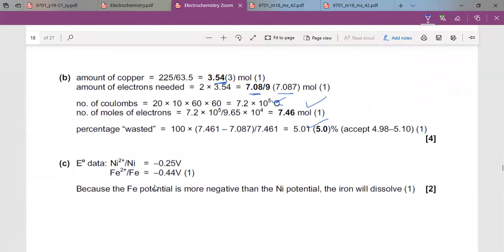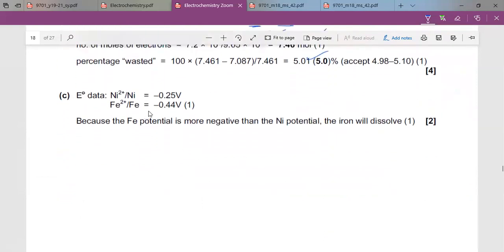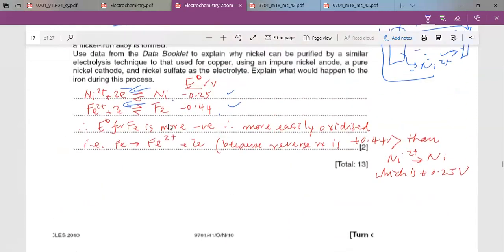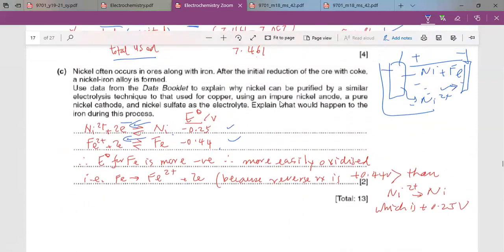Iron is more negative, so iron will dissolve. So remember, in the impure nickel, what's left, the Fe2+ will dissolve, and then nickel will dissolve afterwards, and then pure nickel will be deposited at the cathode. Because iron is more negative, the reverse occurs.